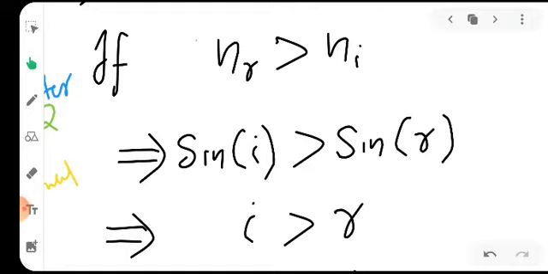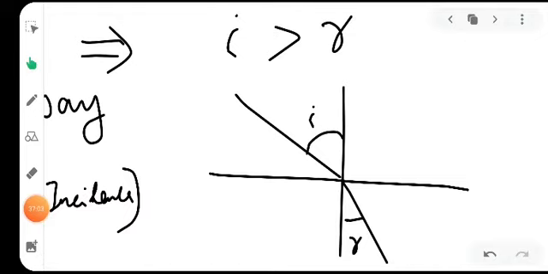I greater than R happens when the light ray deviates towards the normal, which means light has slowed down.